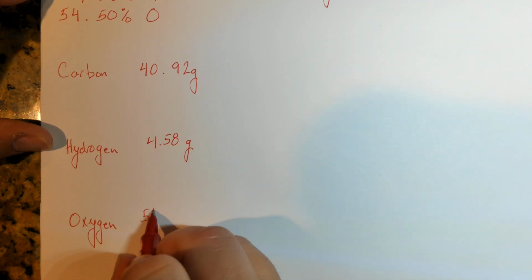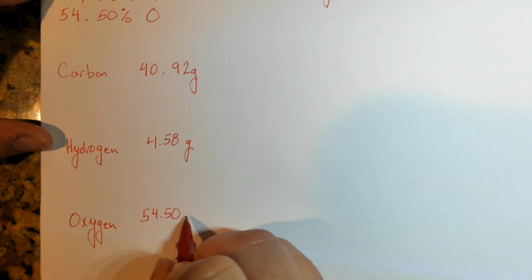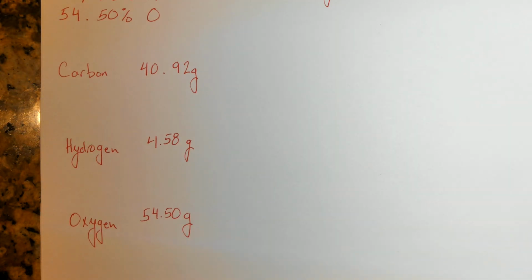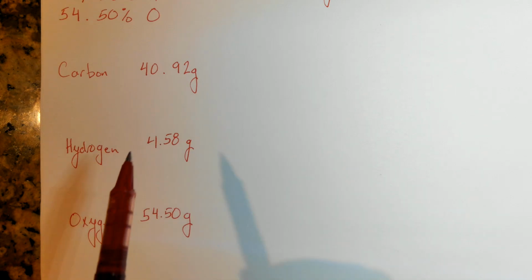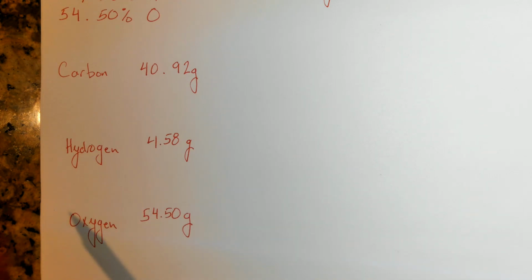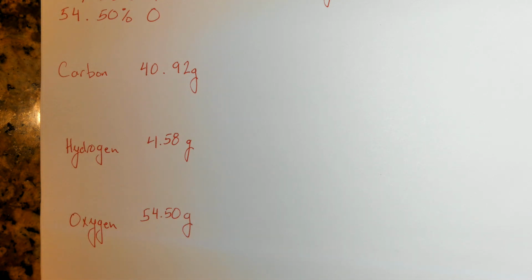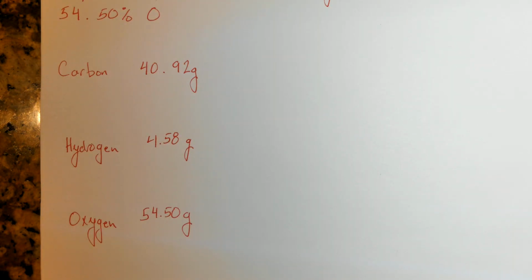We will have 54.50 grams of oxygen. Great. Now, you know what's really great about this? I can use this to calculate the number of moles I would have of each of these substances in my ascorbic acid. So that's what we're going to do.